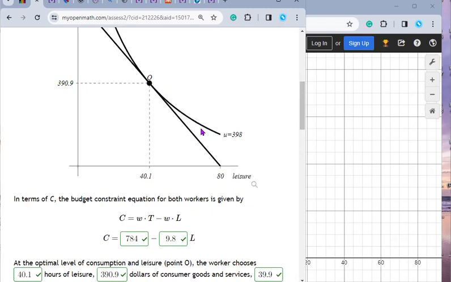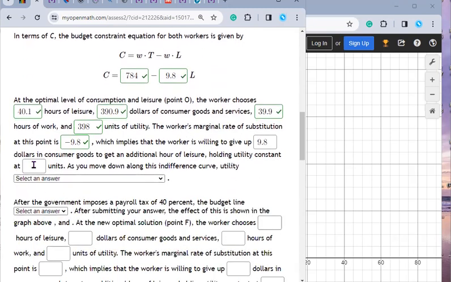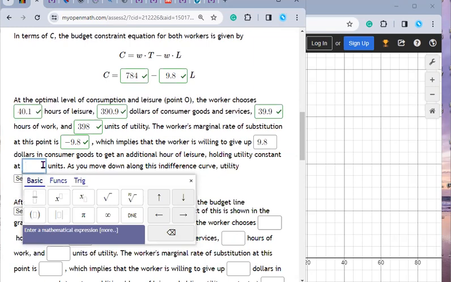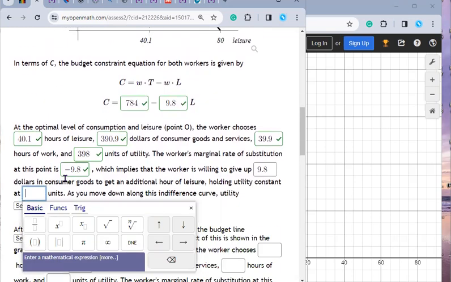So utility is being held constant at 398. They're willing to give up $9.8 in consumer goods, their wage, because they're taking off an hour from work. So they're losing out on the opportunity of making that 9.8. That extra hour of leisure is costing them $9.8, right? And their utility is being held constant at 398 when they do that.